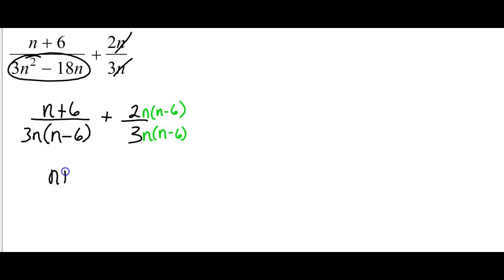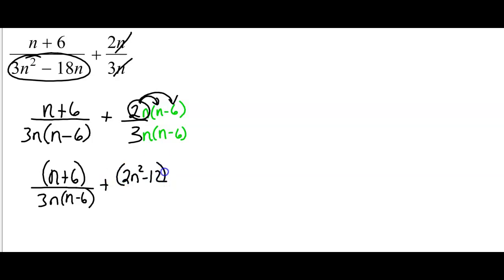So we have n plus 6. And on the top, I'm going to go ahead and take this 2n and distribute it. And now that we have a common denominator, it's supposed to be an n there.